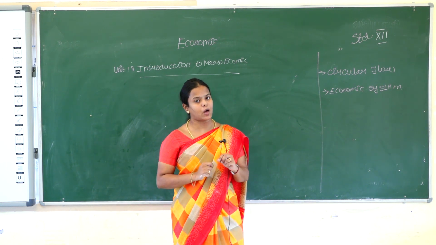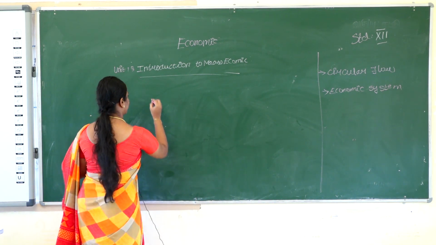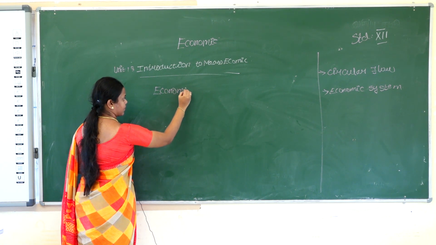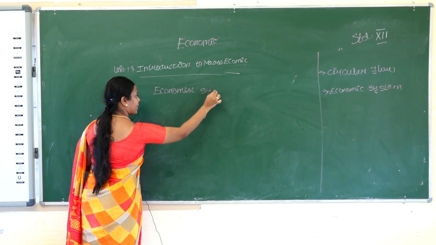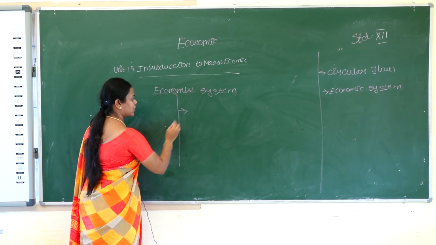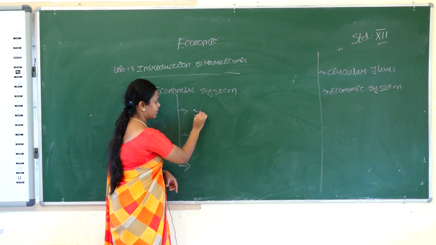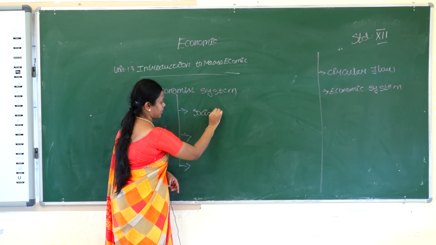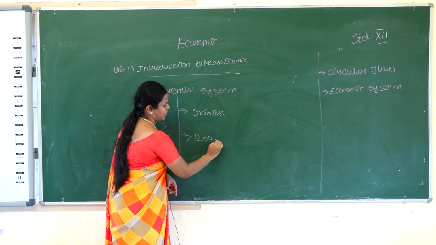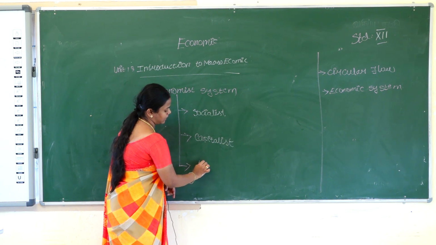The first thing is the economic system. The economic system has been divided into three categories. The first one is socialist economy, the second is capitalist economy, and the third one is mixed economy.